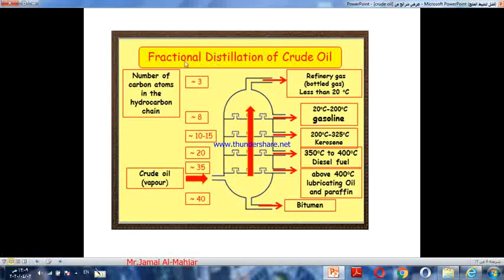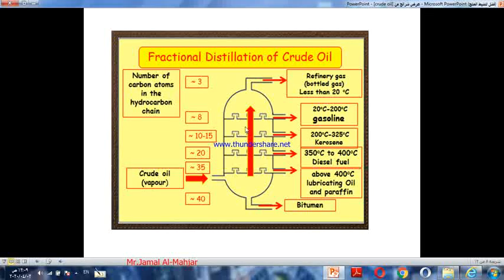So look, here we have the fractional distillation of crude oil. This one is the tower, or what we call the fractionating column. First, we have to heat the crude oil into vapor. Then it's piped into the fractionating column, this column.